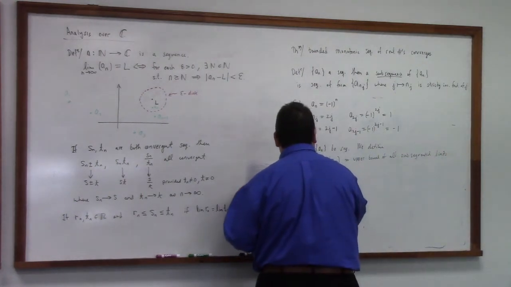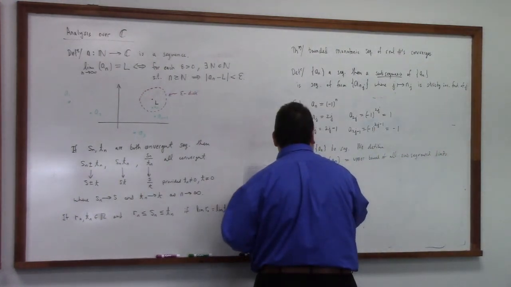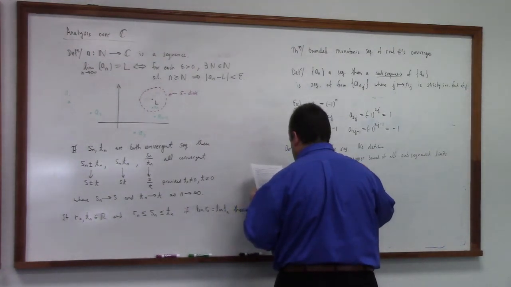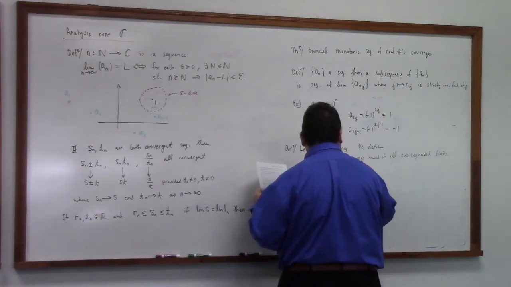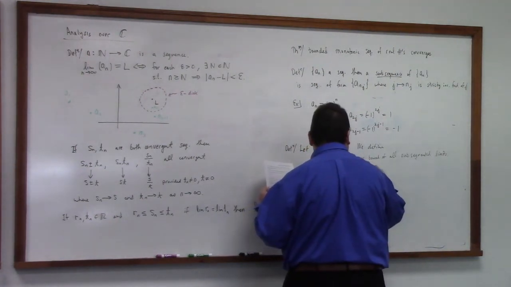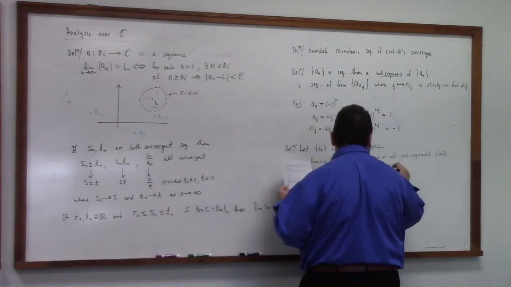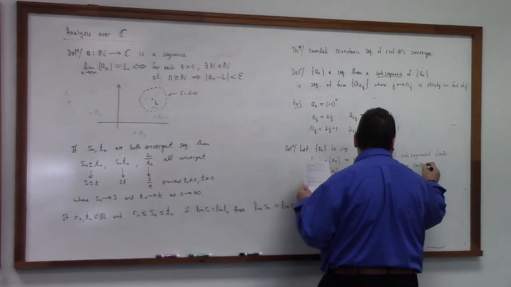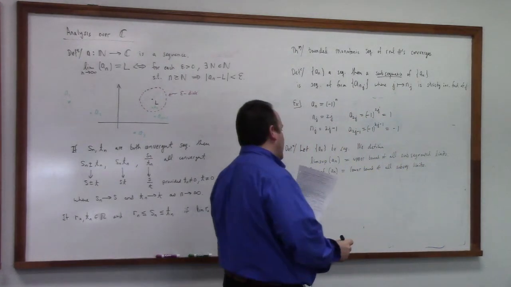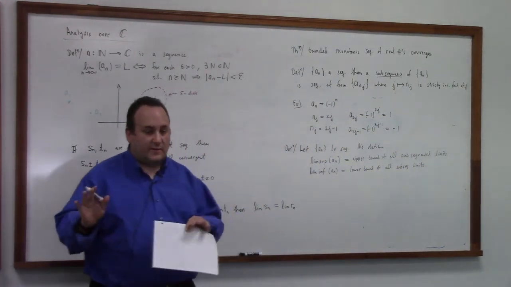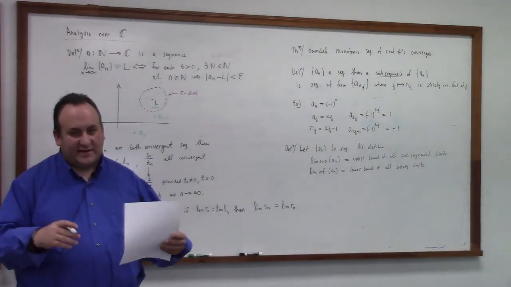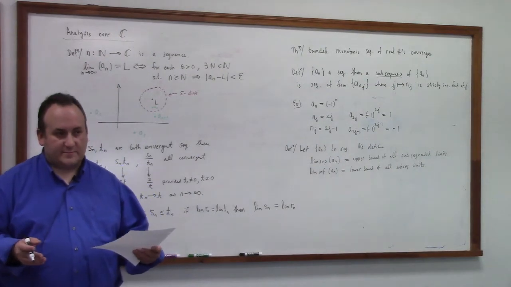Likewise, lim inf, the limit inferior of a_n, is equal to the lower bound of all subsequential limits. And in the upper bound, if there is no upper bound, we say it's infinity. If there is no lower bound, we say it's minus infinity. Those are both possible.